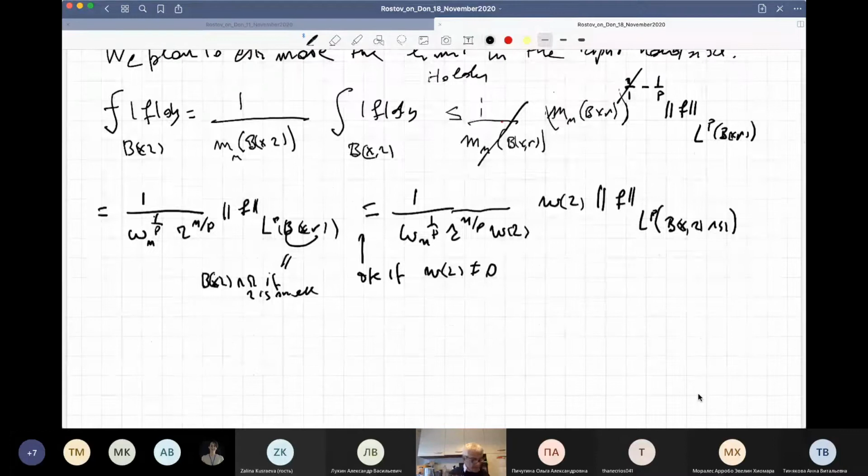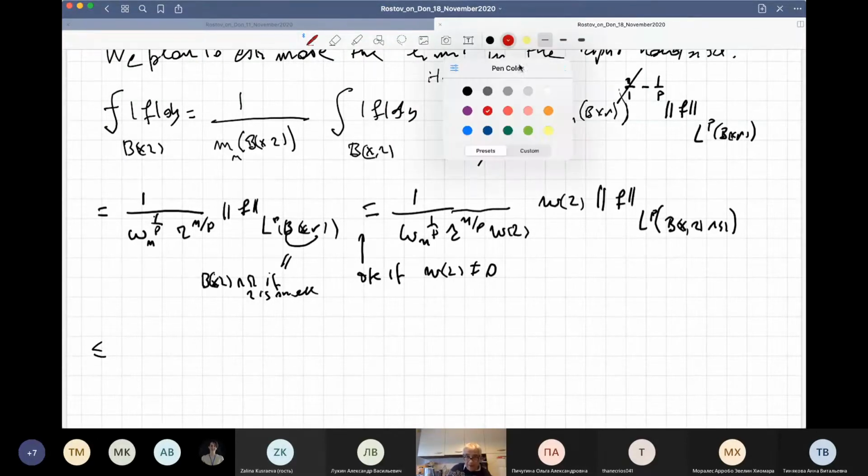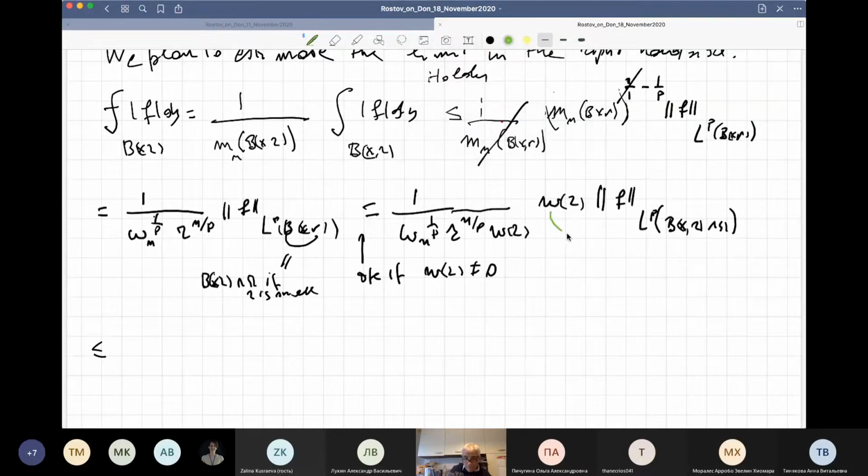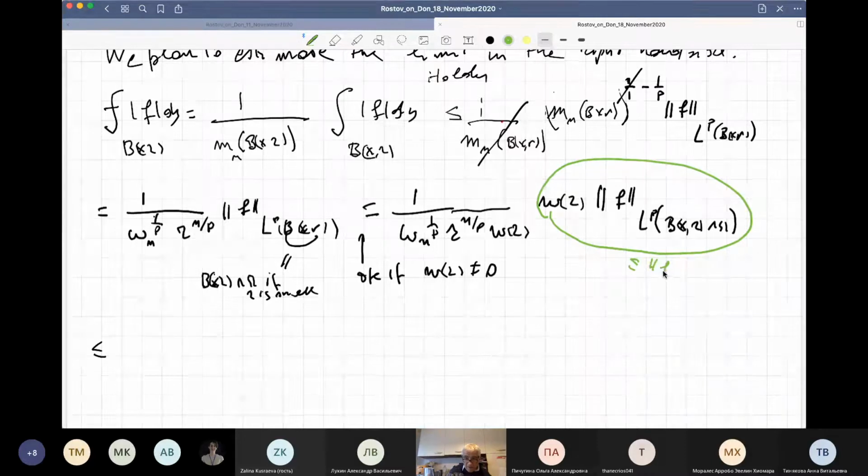Okay, and here I write less or equal. This is estimated by the Morrey norm, because the Morrey norm means precisely to take the supremum of, let's say, the green stuff. This is less or equal than the Morrey norm.